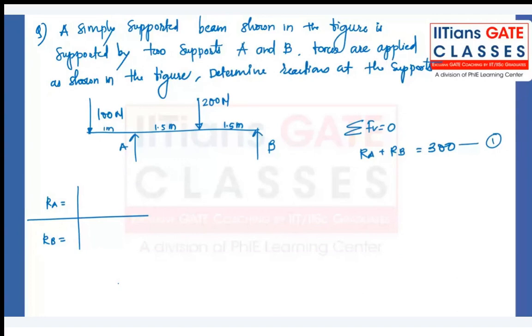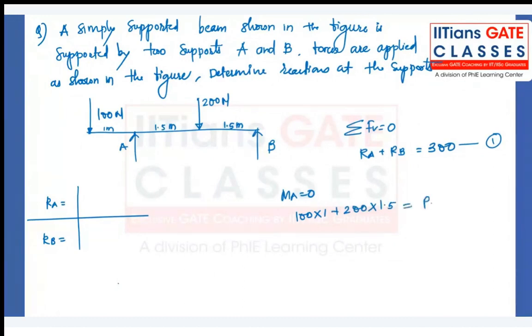So if you take moment about point A, for example, moment about point A is 0, so 100 into 1 is creating a counterclockwise moment about point A, plus 200 into 1.5 is a clockwise moment, and that is equal to reaction at point B into 3.